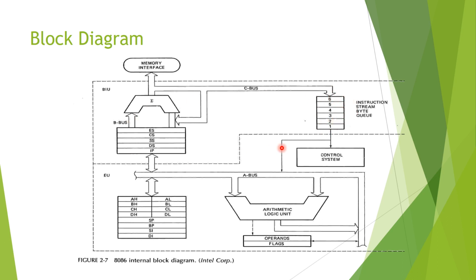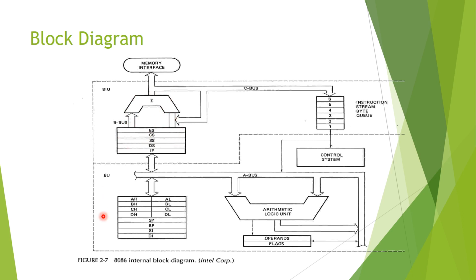Okay, so this is the BIU and this is the adder. This adder is used to generate the 20-bit address to access the memory or the input output device. This adder will use the segment registers and the registers that hold the offset for that particular segment, and generate the 20-bit address using these.